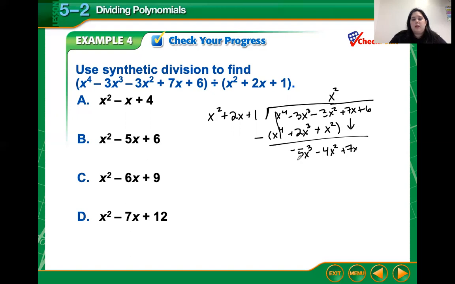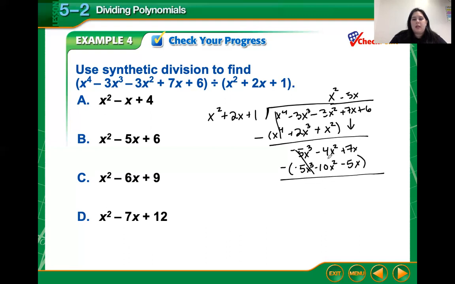So x squared times negative 5x gets me negative 5x cubed. So we multiply that and get negative 5x cubed. 2 times negative 5 is negative 10, so we get negative 10x squared, because x times x is x squared. And negative 5 times 1 is negative 5, so negative 5x.